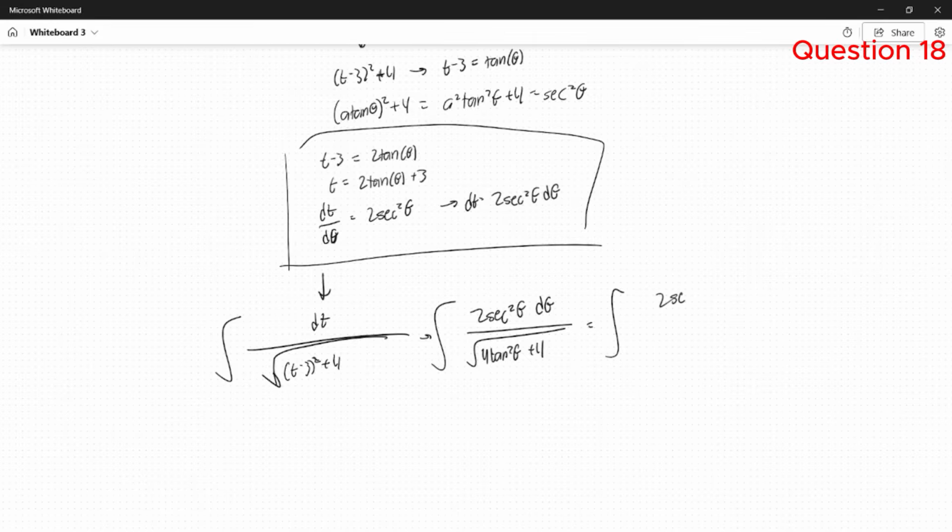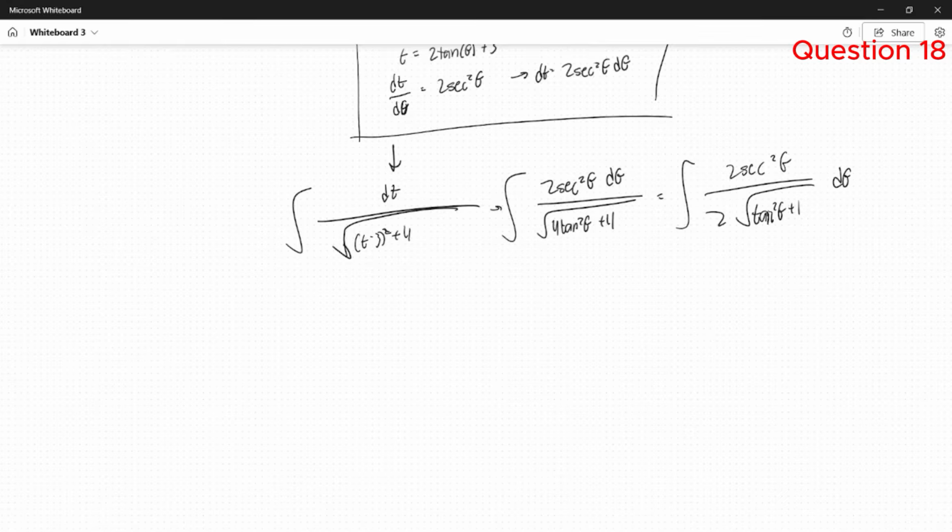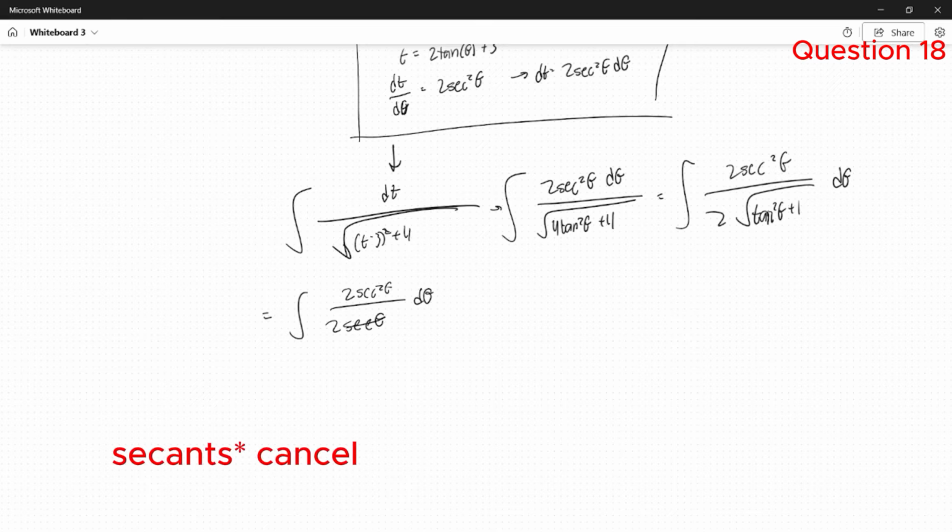It becomes 2, and then, of course, tan squared theta plus 1. But as we just discussed, that identity is equal to secant squared, which means that we can effectively make the bottom just 2 secant theta, d theta. Thetas cancel out, 2's cancel out. All we're left with is the integral of secant theta d theta.